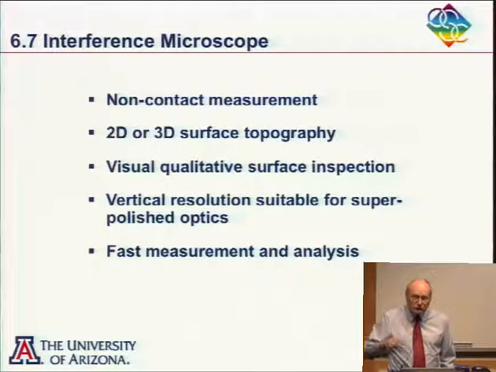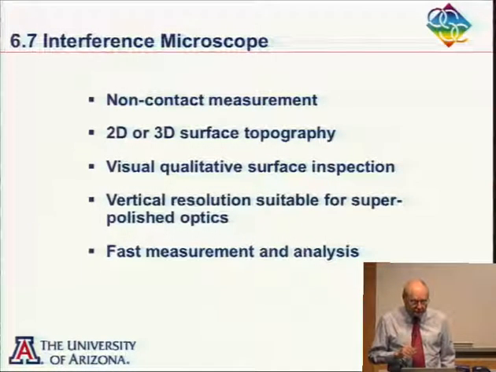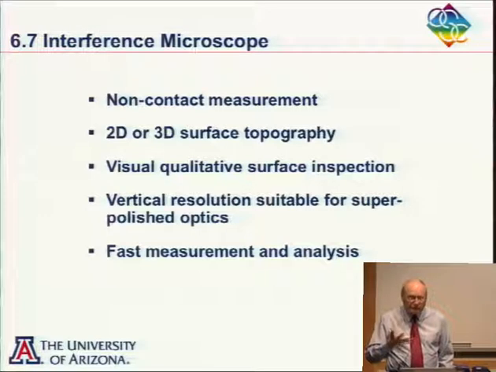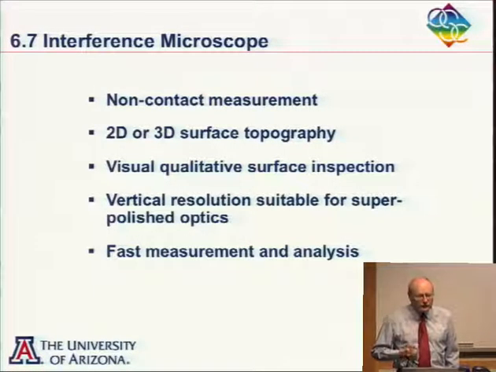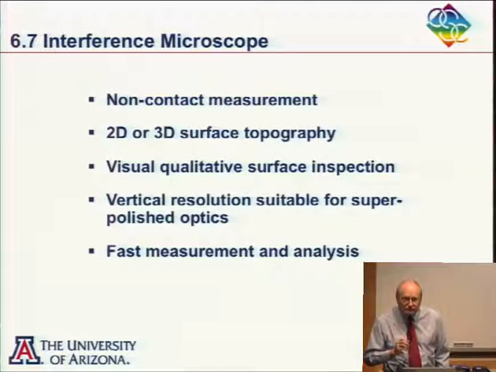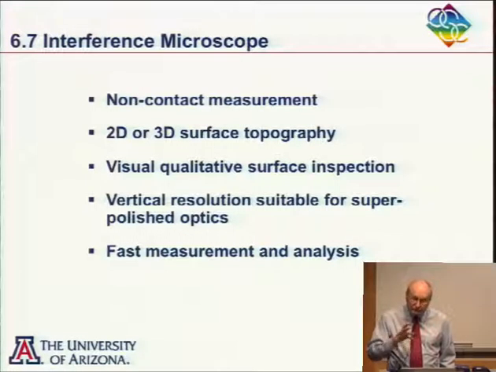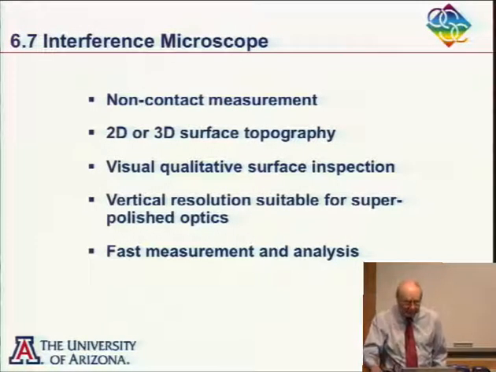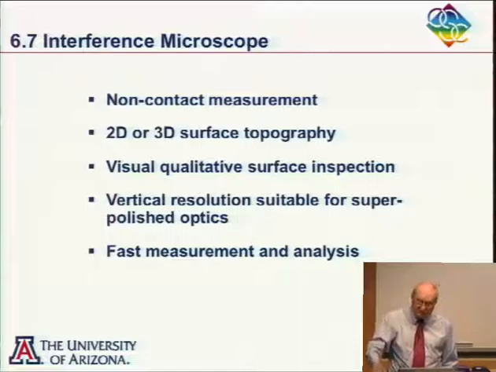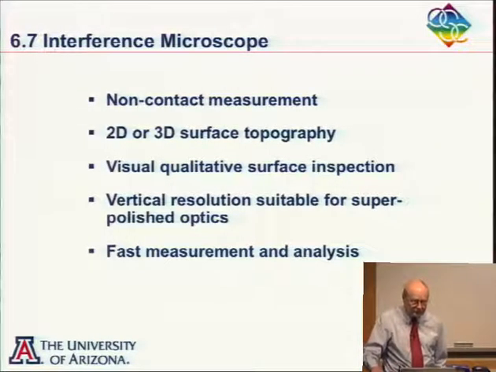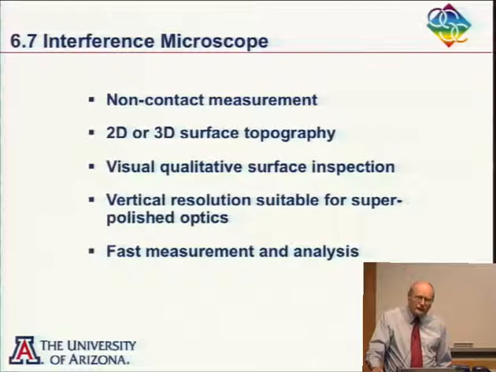You can get two-dimensional measurement or three-dimensional measurement. It's basically a microscope system, and maybe there's even eyepieces on it, so you can look in and see the surface, or not eyepieces, at least you'll have a CCD array and camera, so you can look at the surface. It will measure down into the sub-angstrom range on height, not on lateral dimensions.